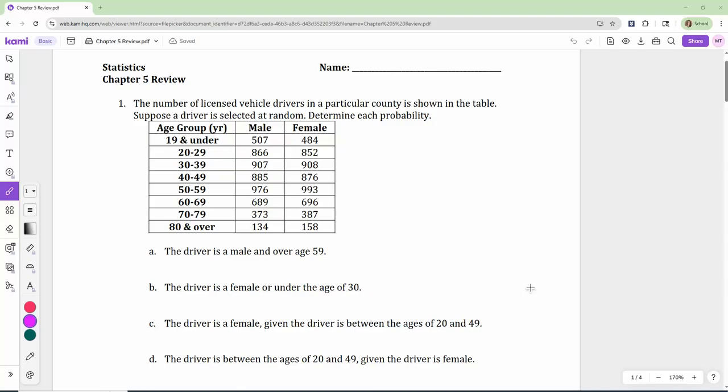Okay, what am I going to probably need to do first? Add everything up. All right, you guys, this half add up the males. This half, you guys add up how many females we have. How many males did you get?